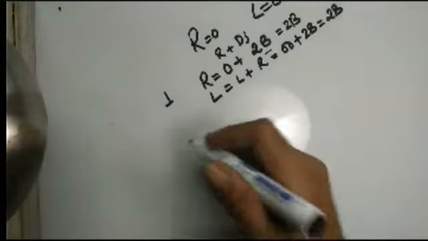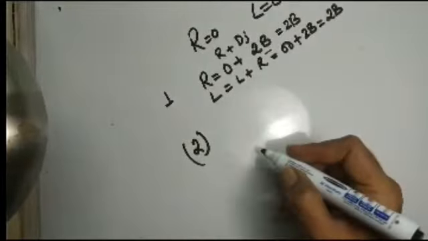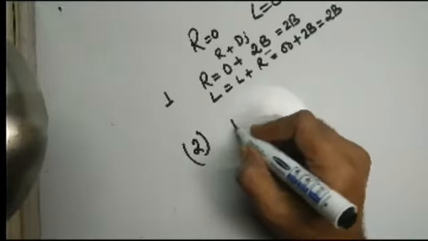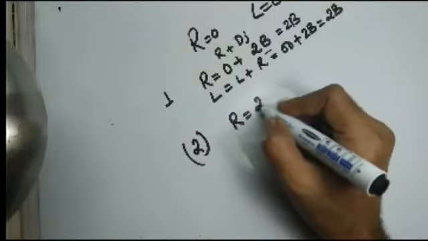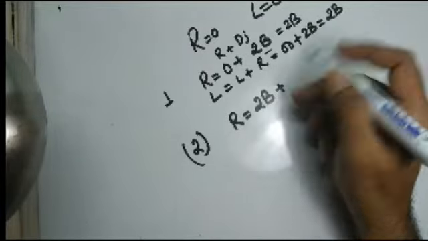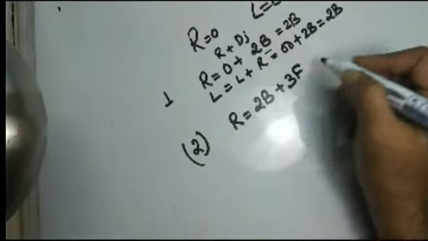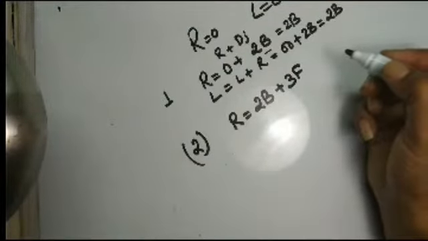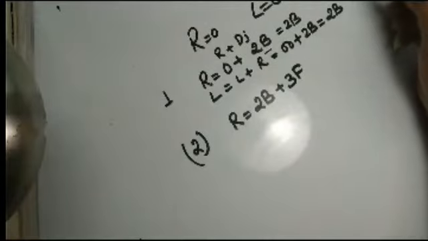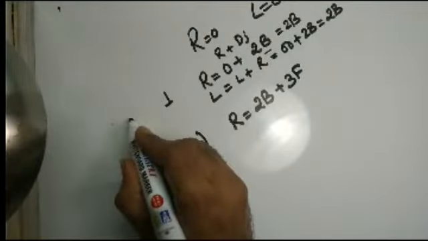Now I'll talk about the second iteration. I'll calculate the R value. It is 2b plus the next data word, which is 3f. For your understanding, I'll write those data words over here.